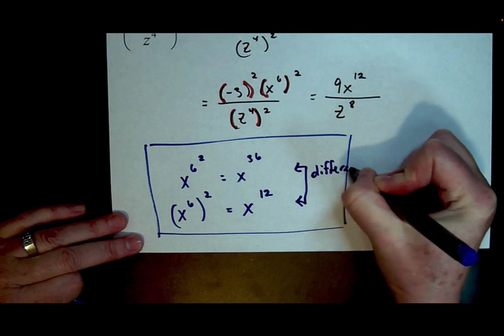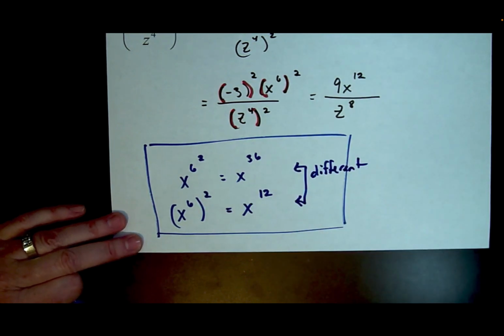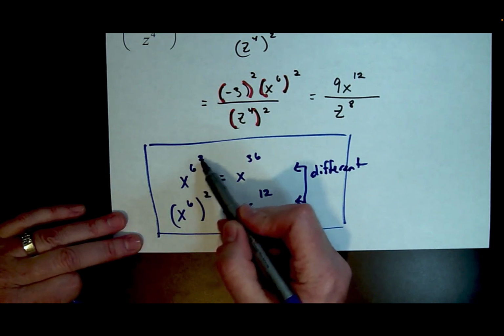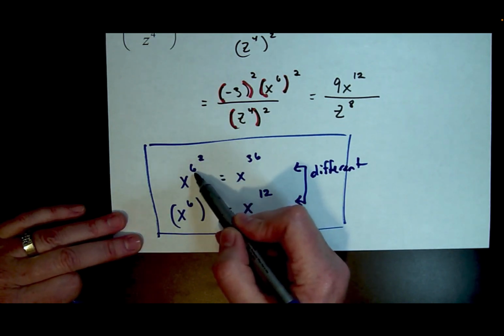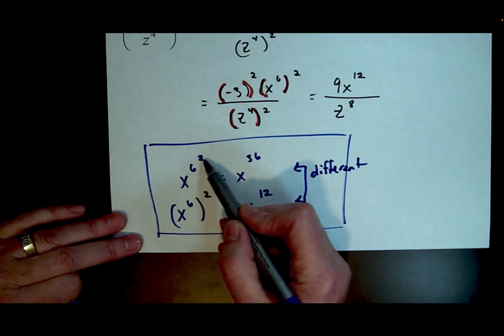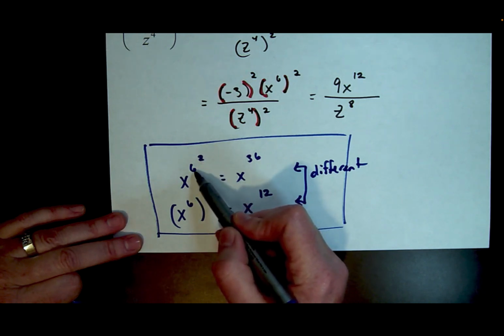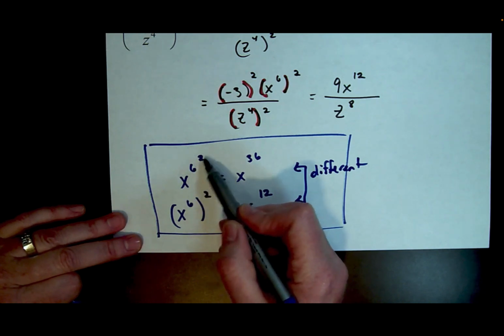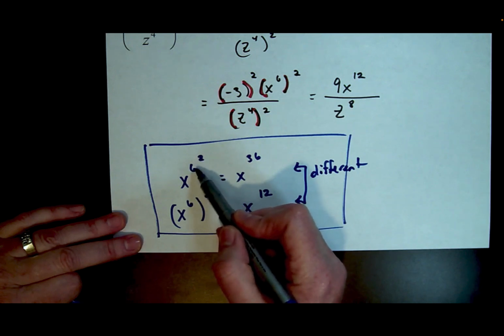And it goes back to that idea I mentioned a little while ago, that exponents can only affect what they're touching. This exponent 2 is only touching the 6, so it's only affecting or changing the 6.